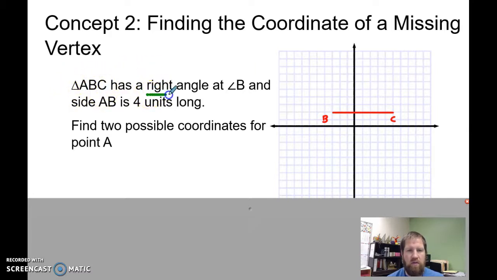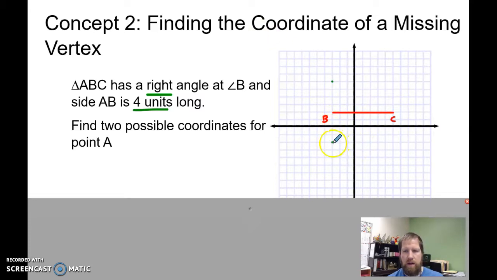I'm told it's a right angle here at B, and that tells me that if this is going to form a right angle, my point A is going to be directly above or directly below point B. That's where it's got to be to form a right angle. Then I'm told that side is 4 units long, so it's either going to be 1, 2, 3, 4 units above, or 1, 2, 3, 4 units below.